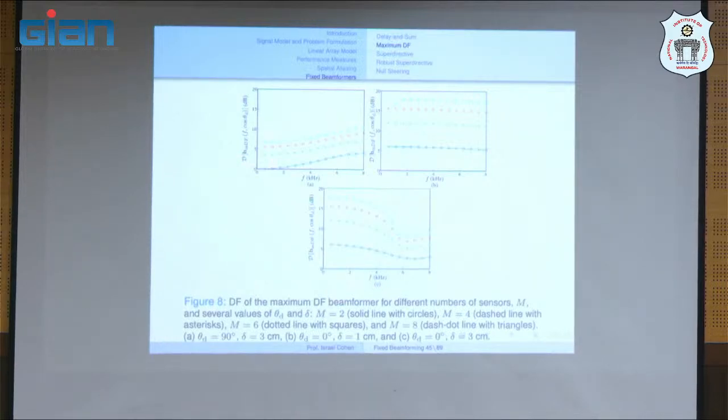We have 3 plots for 3 different scenarios, just like what we showed before. The first scenario is when the desired source comes from the broadside and the distance is 3 centimeters. The second scenario is when the desired source is steered towards 0 degrees end fire, and the distance between sensors is delta 1 centimeter. The third scenario is when we increase delta, the distance between sensors, to 3 centimeters.